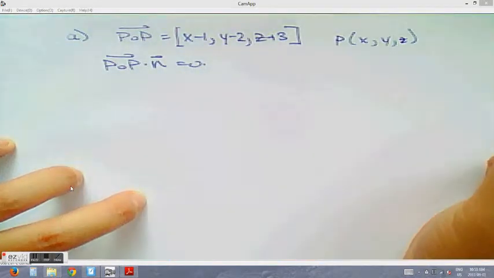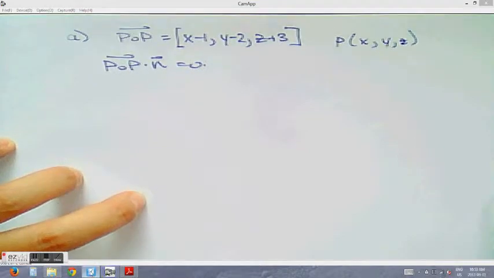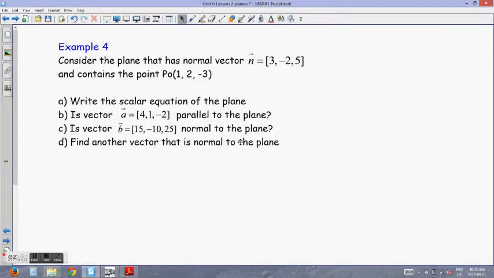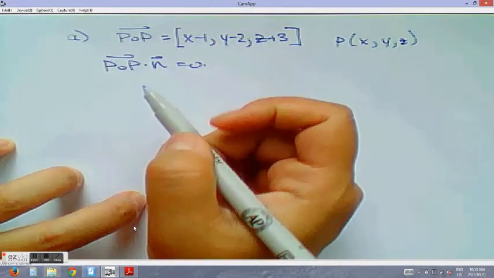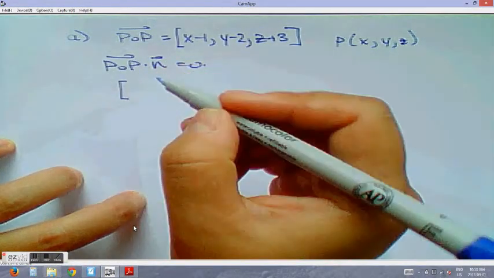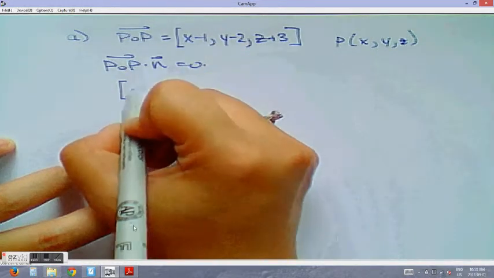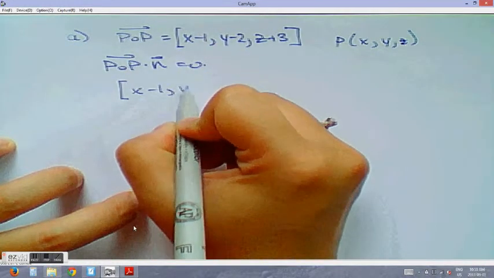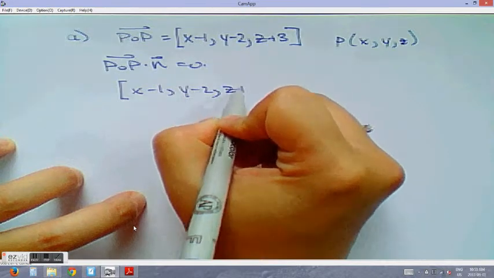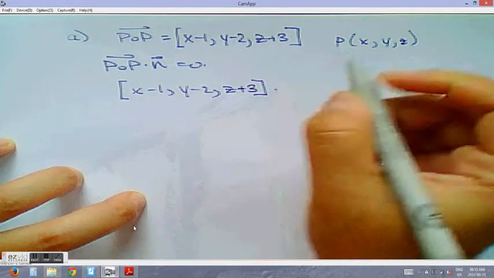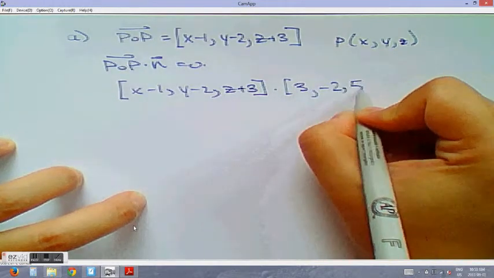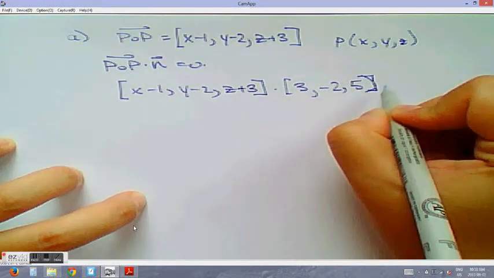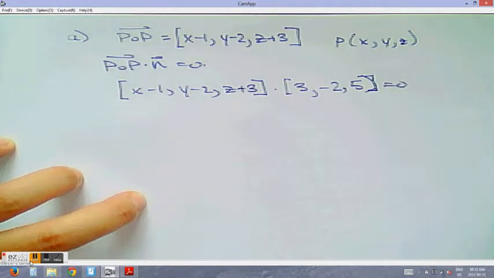Then we know P naught P dot n is equal to 0. Again, we know our normal. Let's click back here. Our normal is (3, negative 2, 5). So we can now dot P naught P, (x minus 1, y minus 2, z plus 3), dot (3, negative 2, 5), and the result is equal to 0.